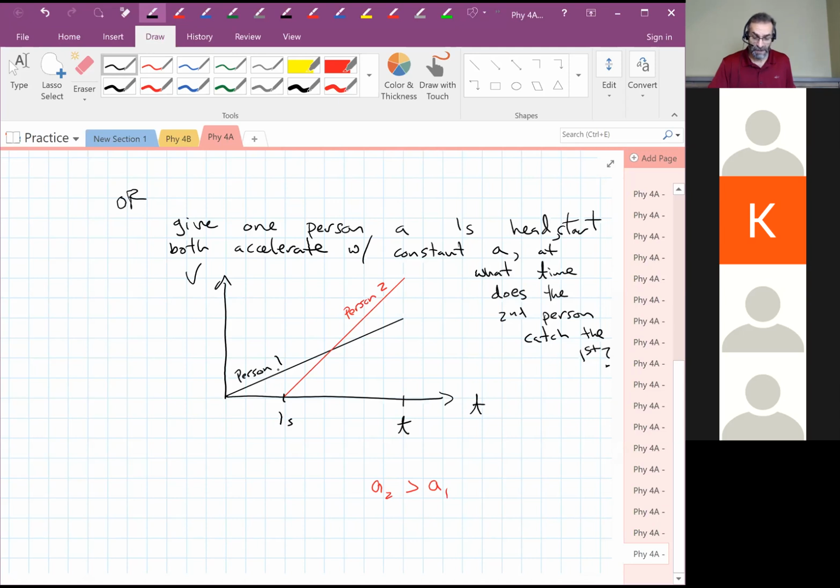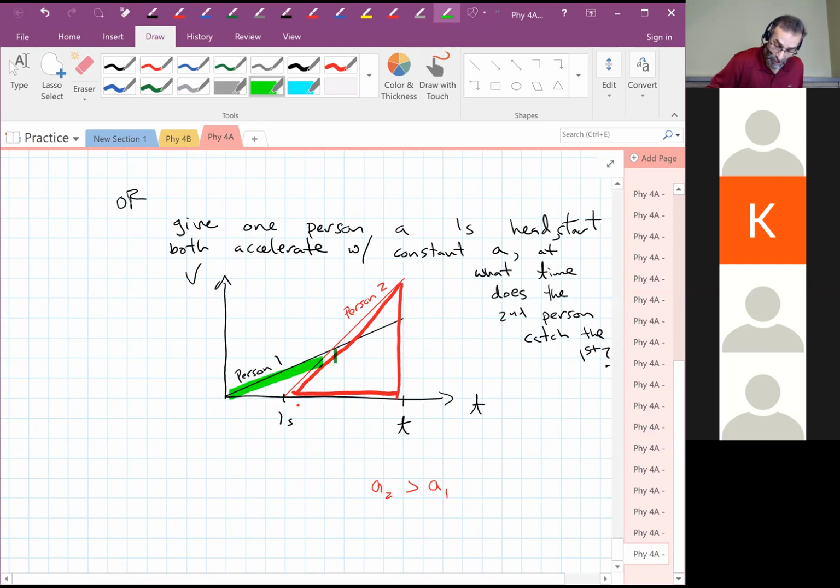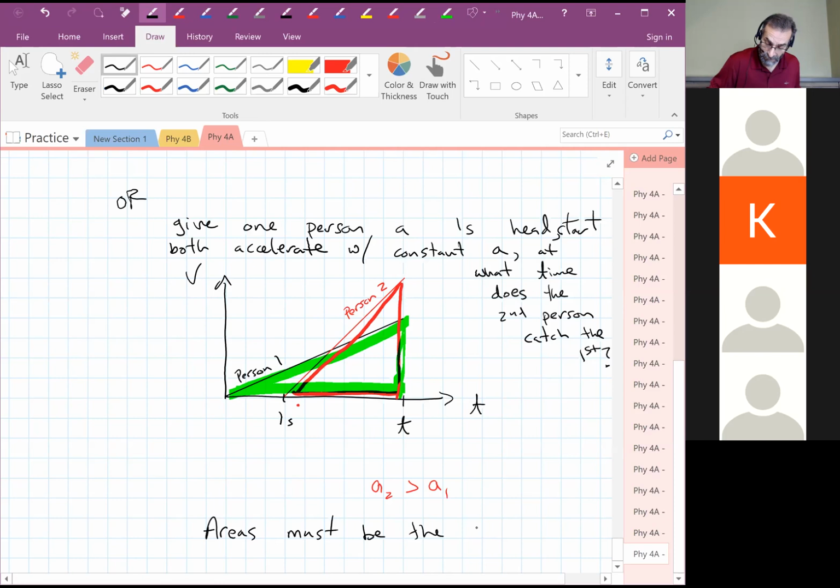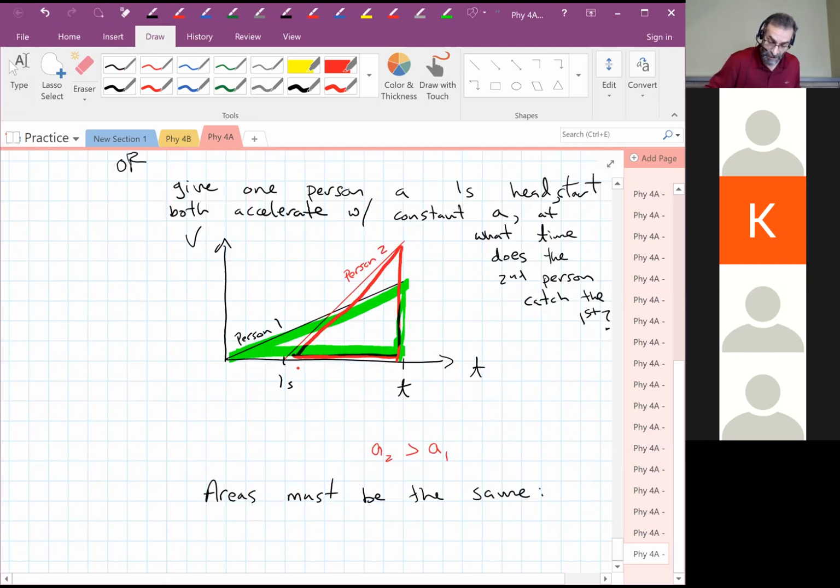So this is a tricky problem to do if you're going through equations. But if you know that, well, the areas have to be the same, right? The area of this triangle and the area of, what should I use? My highlighter. The area of this triangle both have to be the same. Then you could set those up, right?